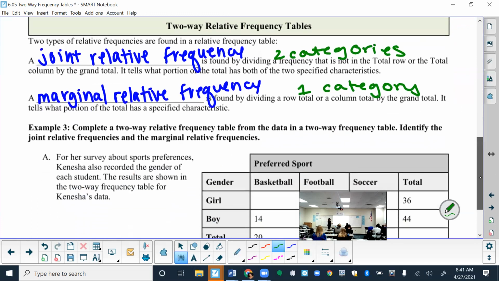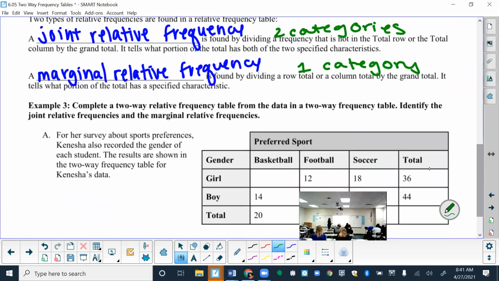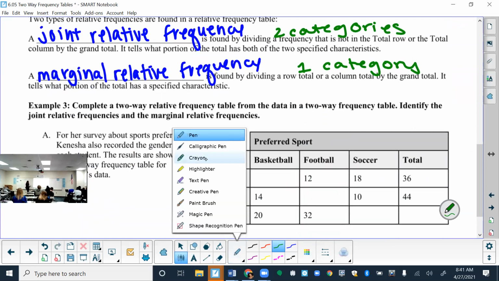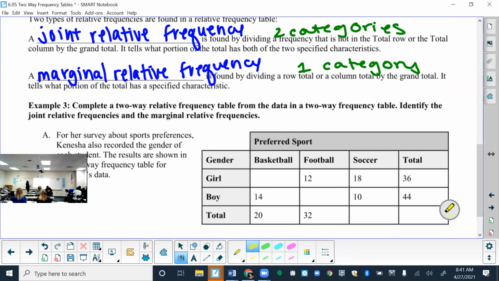So when I'm looking at this table down here, I'm going to highlight my joint relative frequency in yellow, and that's anywhere that there are two categories. So usually the middle of your table.